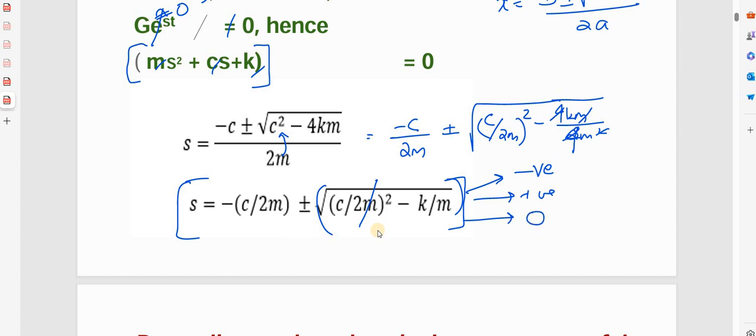Three possibilities are there. If this has to be negative, it depends upon the values of c by 2m and k by m. So depending on these two values, 3 types of solutions can be there.